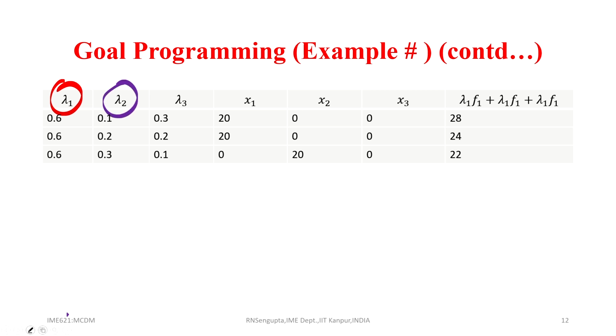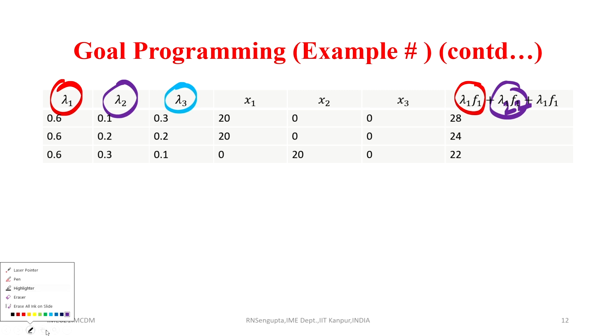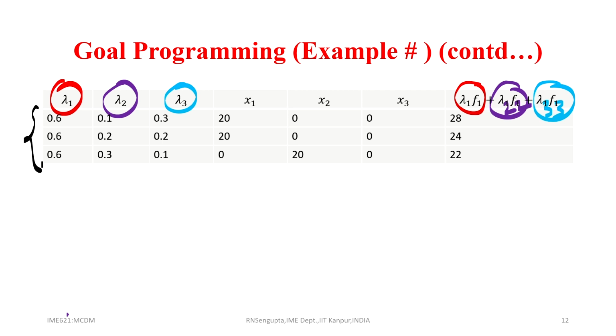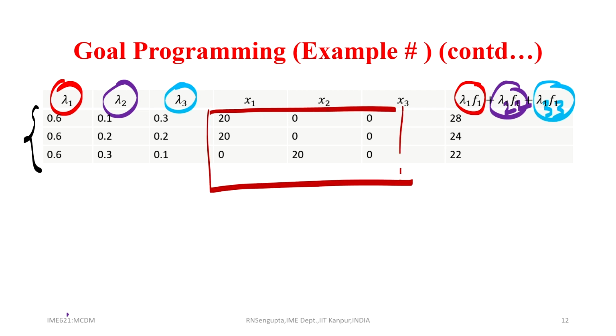For values of lambda 1 as 0.6, column 1, lambda 2, column 2, lambda 3, column 3. So this is the first part of the objective function, second part is lambda 2 f2, third part is lambda 3 f3, and the sum of the lambdas is 1, as you can see, adding up the corresponding cell values for first, second, third column, row wise. The values of decision variables are given here, and 28, 24, 22 is given here.